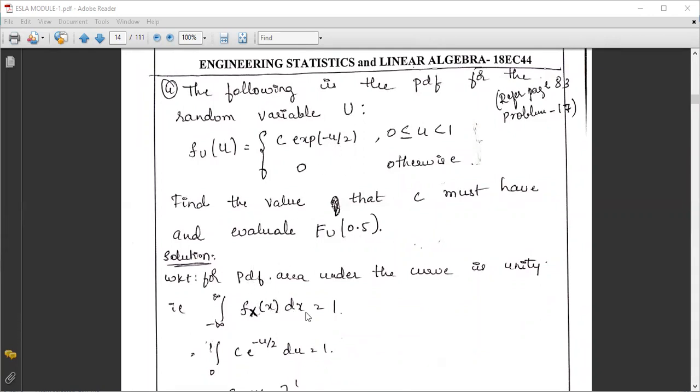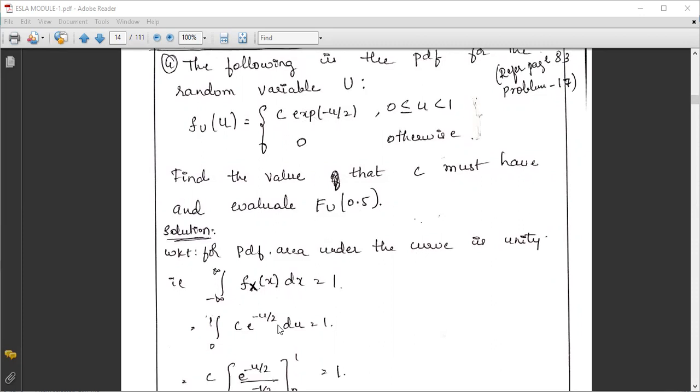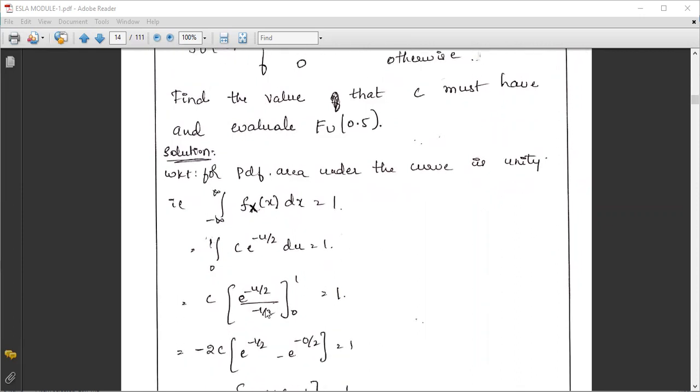Then f_X(x) becomes c times exponential of minus u by 2, integrated with respect to u, which equals 1.